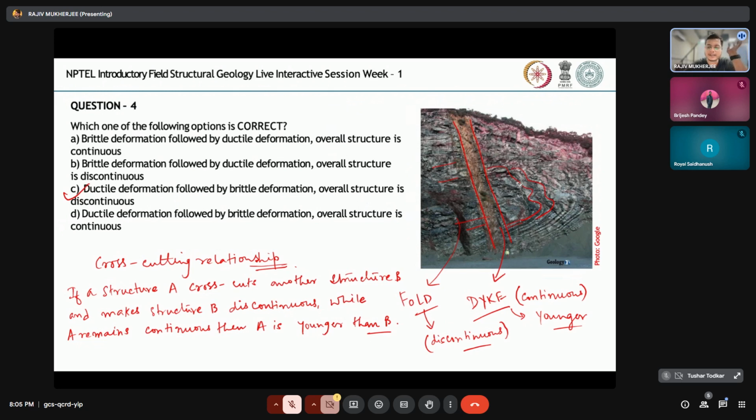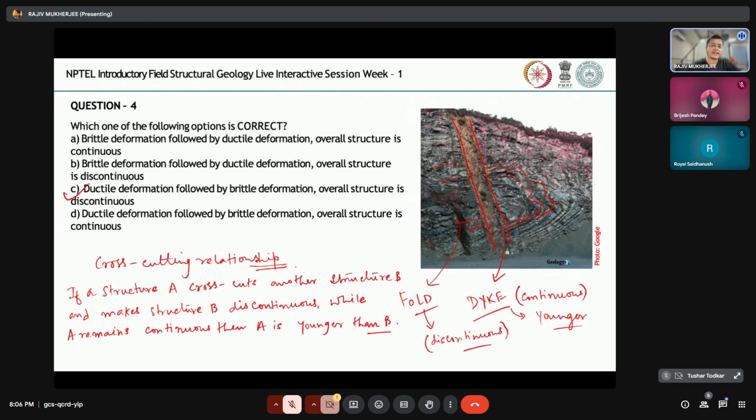So the cross-cutting relationship helps us interpret the relative ages of the structures or the layers that we see in the field, and this kind of fracturing that makes the intrusion of dike or quartz veins is essentially a late stage deformation phenomenon in a regional deformation or metamorphism, and these are helpful for interpreting the relative ages of exposures, and so we can actually make the stratigraphy.